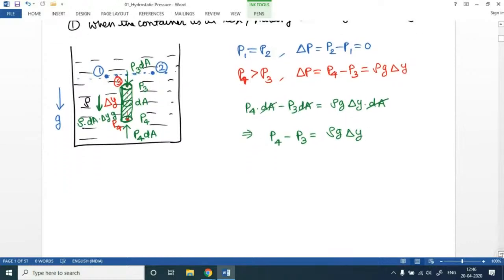There is another convenient way of writing the pressure variation equation, and this I am telling you in the very beginning, and that is going to be applicable in all sorts of situations.